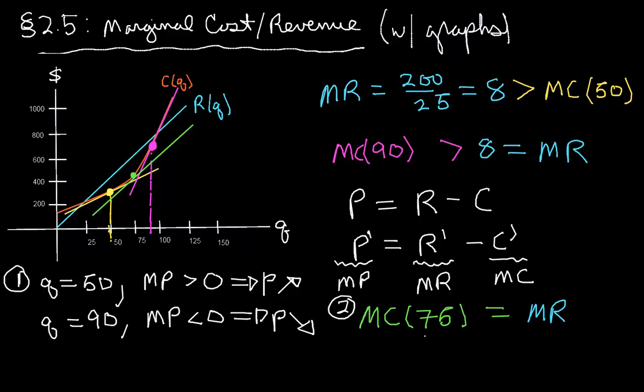So that's also a special point. This implies actually that the profit has a peak here. Okay? And I'm referring to the graph of the profit function. Alright, so that's yet another thing we can glean from knowing the marginal cost and the marginal revenue.